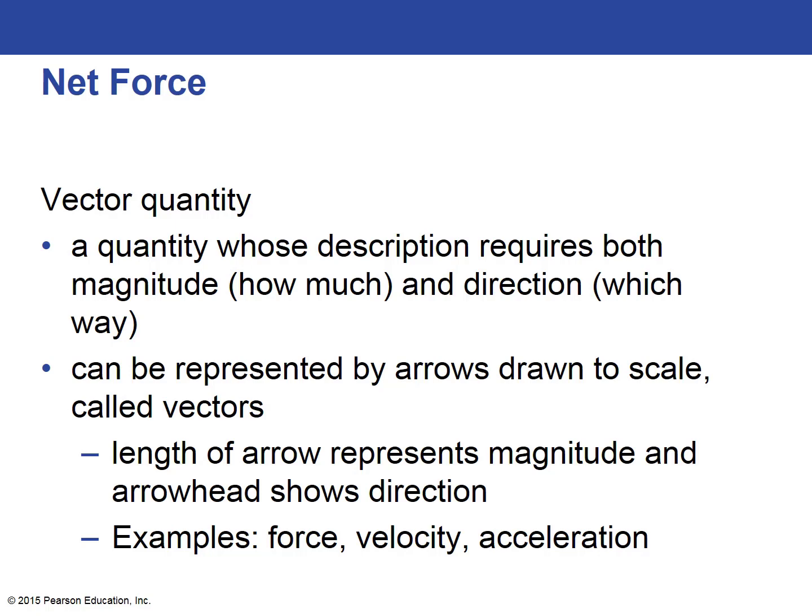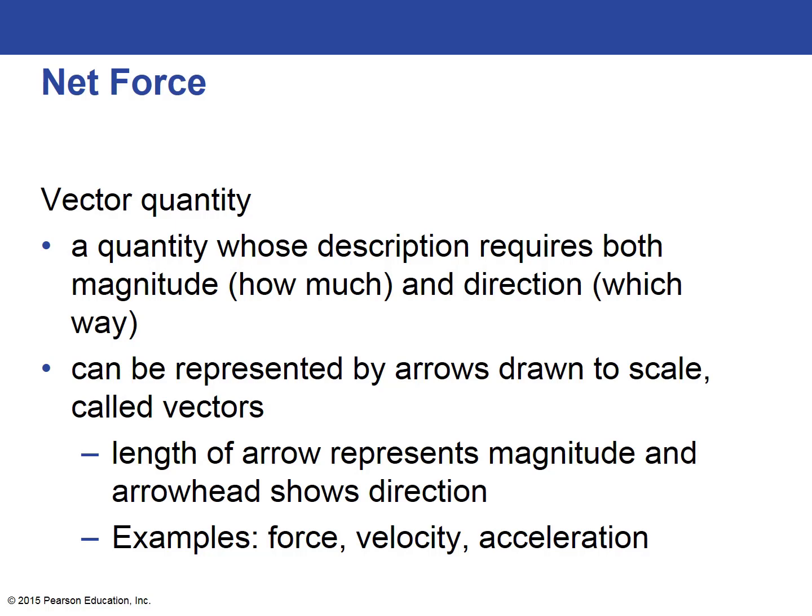Drawn to scale simply means that if I have two forces acting on an object, one is 2 pounds to the right and the other is 1 pound to the left, then I can add them vectorially by drawing the first force as an arrow that's 2 inches long, where 1 inch of vector length on a piece of paper represents 1 pound of force.